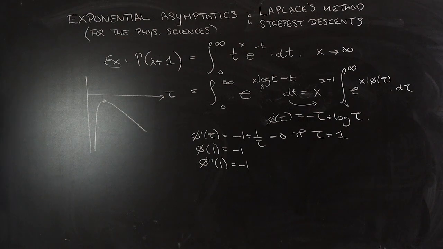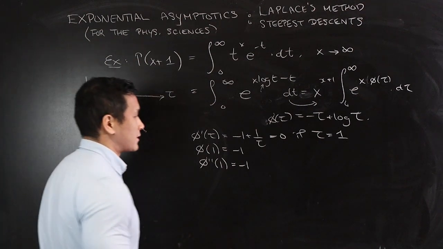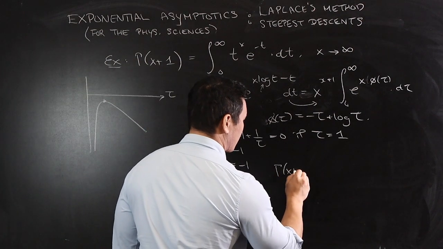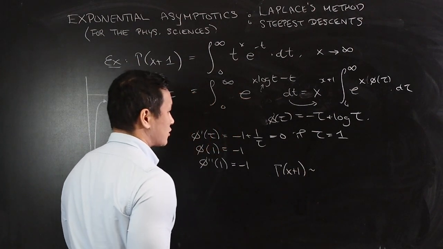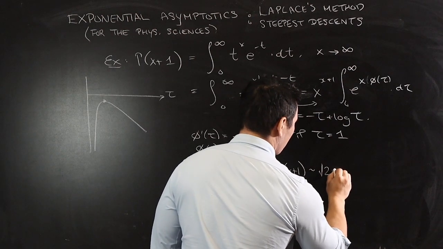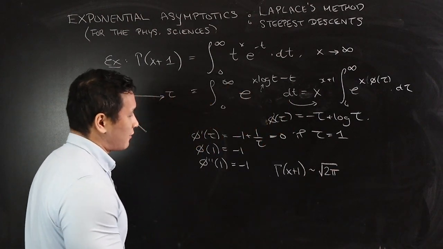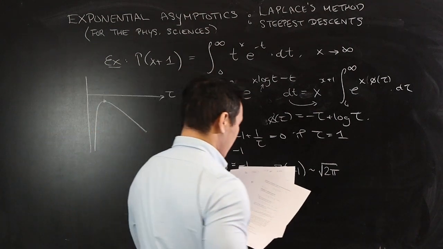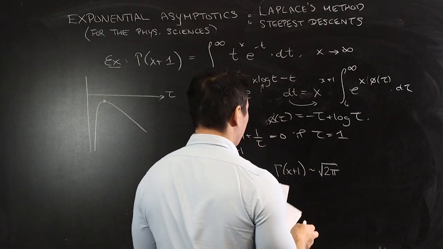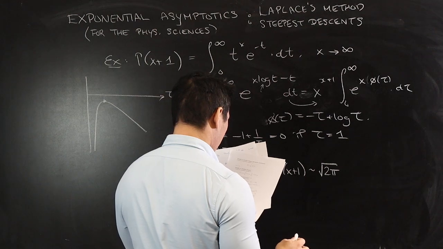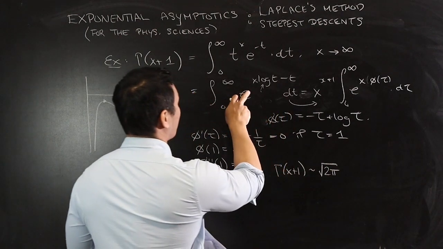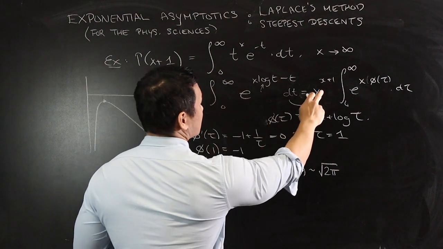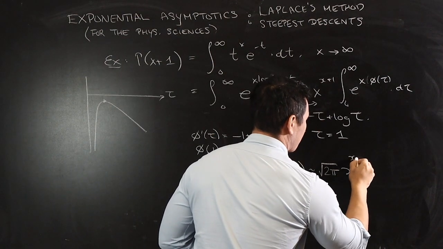Okay, and at this stage, it's literally as simple as putting into the formula. So the formula tells you that the gamma function of x plus 1 to this order of approximation is root 2 pi, and then it's f of c, but in this case, the f is just 1. It's f of c times, I'm missing a factor of x to the x plus 1 here, so I have x to the x plus 1.